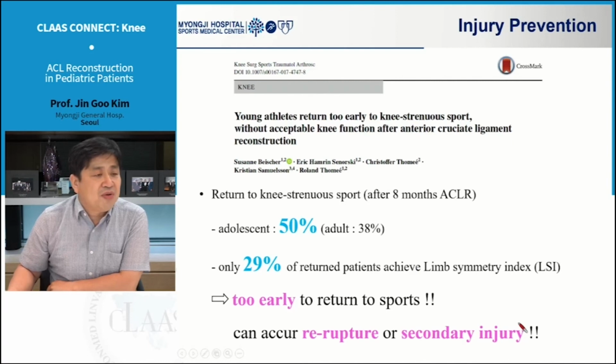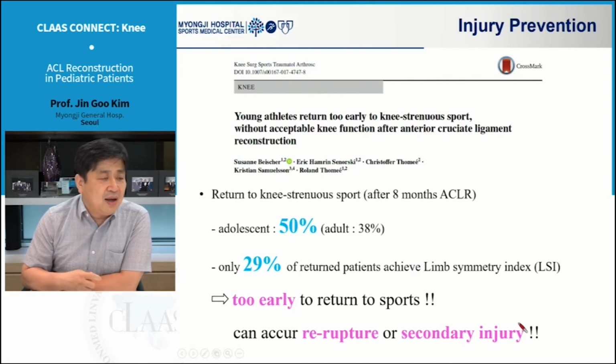The problem is that children and adolescents easily return to sports. Compared to others, after 8 months of ACL reconstruction, 50% of adolescents return to sports.